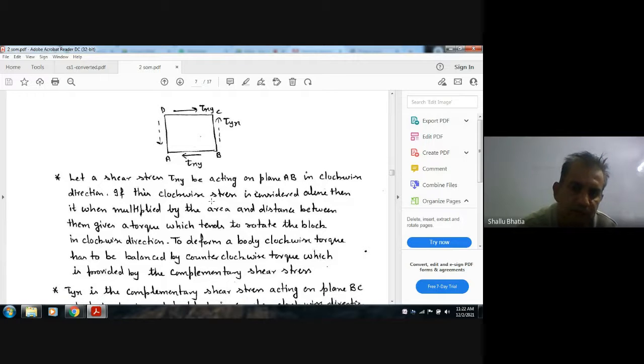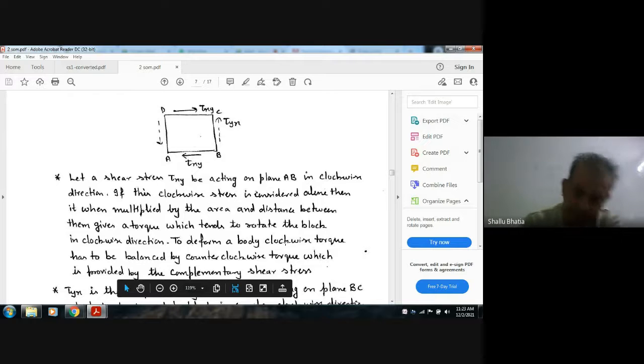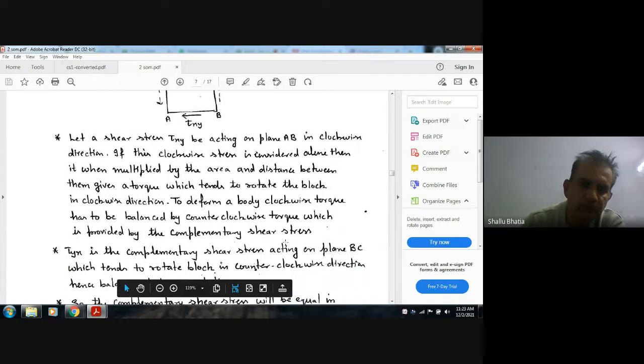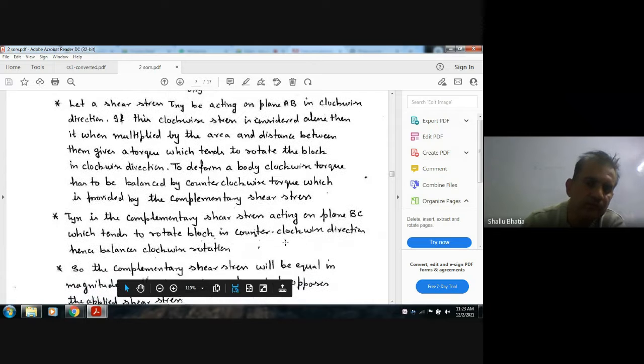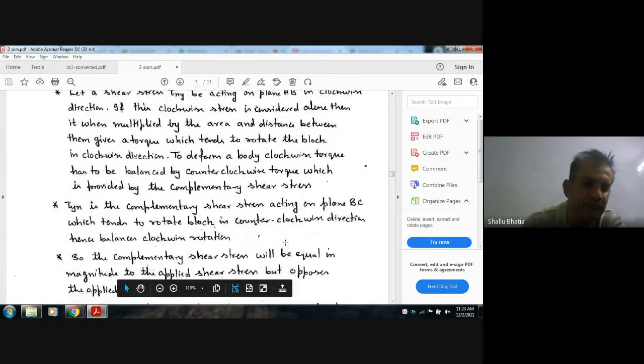If this clockwise stress is considered alone, then when multiplied by the area and the distance between them, it gives a torque which tends to rotate the block in clockwise direction. To deform a body, a clockwise torque has to be balanced by a counterclockwise torque, which is provided by the complementary shear stress.